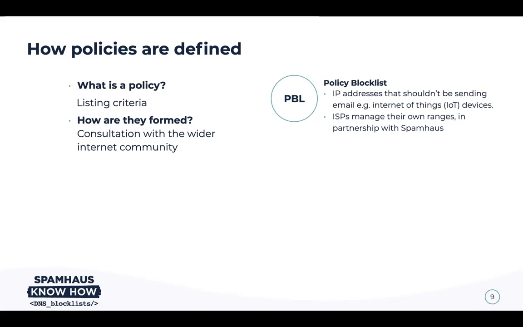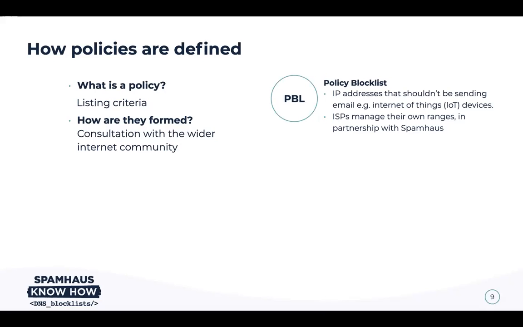We have a very long history of working with industry stakeholders, with working groups like MOG, for example, where a wider subset of the industry comes together and people discuss what is useful to have, what would be good to have, and what is the right way of doing something. And so over time, a lot of our policies have really been formed by interacting with our users and working for the internet and with the internet.